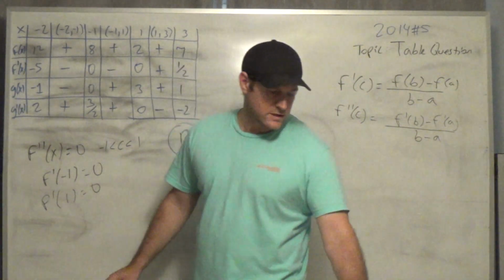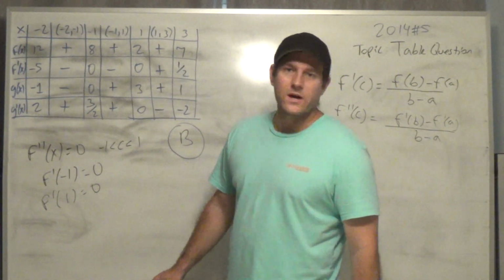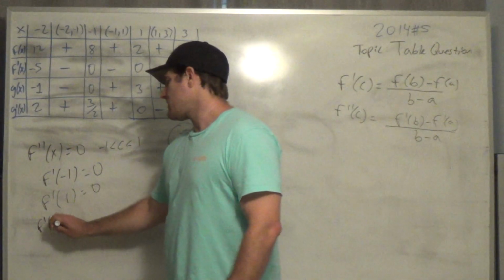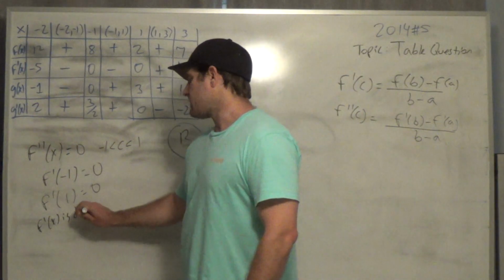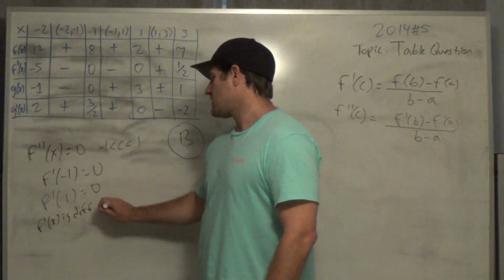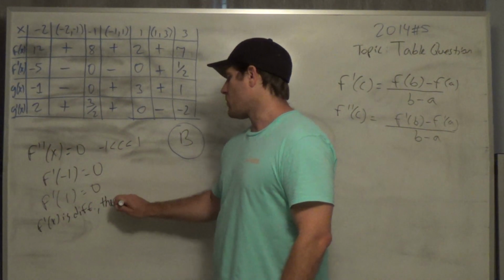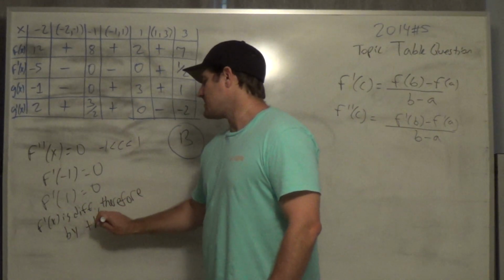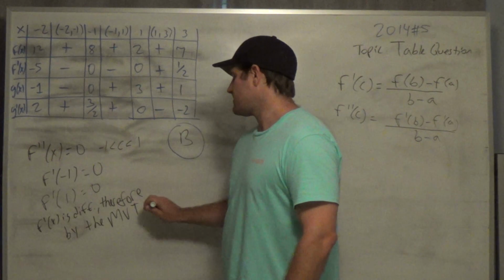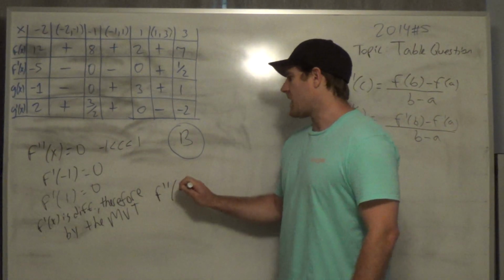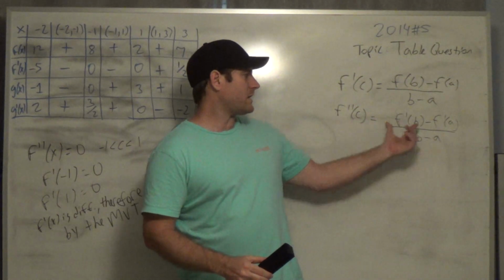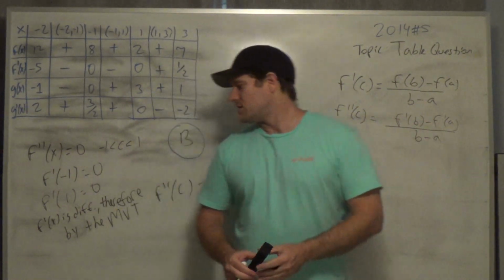So we would first start, because we're going to use the MVT, we have to say that the function is differentiable, and you can read it. It tells you that f is twice differentiable, so that means f prime is differentiable. So f prime is differentiable. Therefore, by the MVT, f double prime c should equal, now we're subtracting the y's on top, the x's on the bottom.